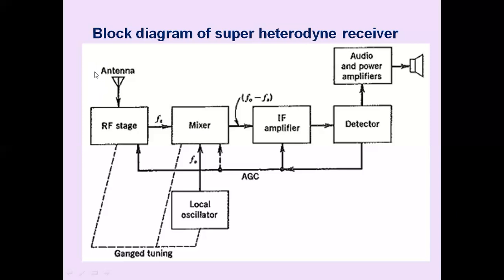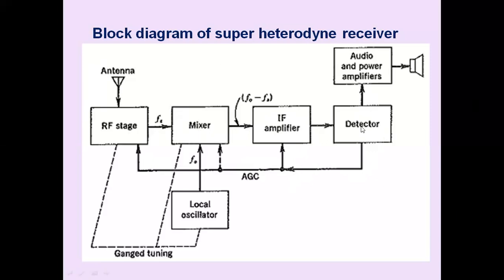If there are fluctuations due to fading in the incoming signal strength, the detector output is also varying. In order to provide a constant output, we are making use of automatic gain control with the help of the negative feedback system, which we will discuss in detail under AGC.